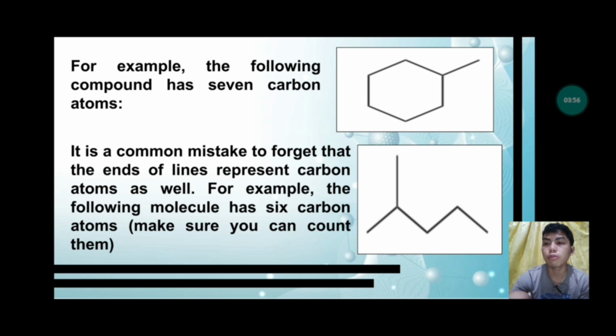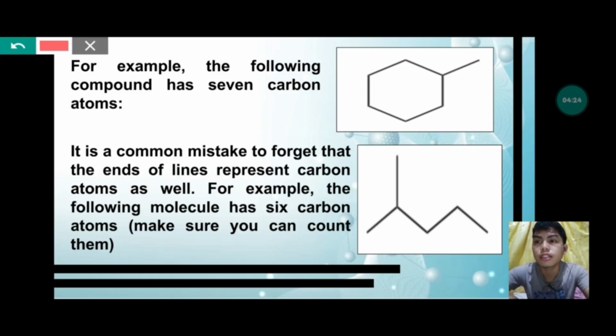For example, the following molecule has 6 carbon atoms, so make sure you can count them. If you want to know that this has 7 carbon atoms, we can count them. Remember that the end of lines represent carbon atoms as well.